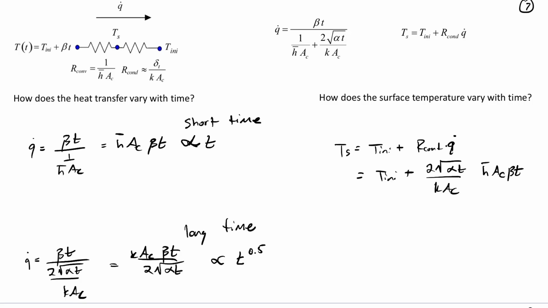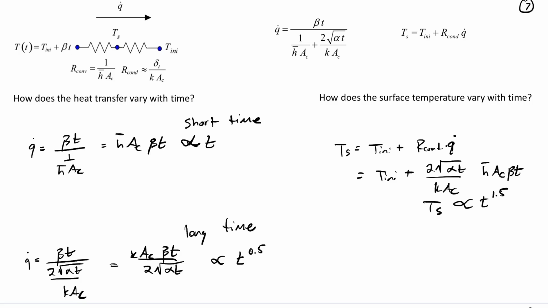If we look through that carefully, we'd see this is proportional to T to the 1.5 power. So Ts is proportional to T to the 1.5. In the initial phase of this problem, the temperature of the surface is growing pretty quickly.